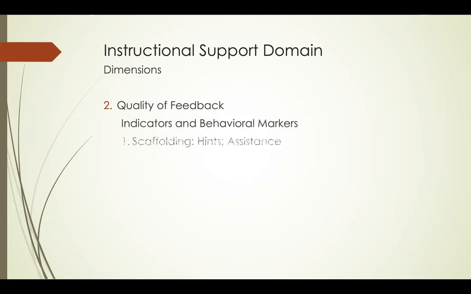So quality of feedback, the first part, is really how the teacher is responding to the child's learning. Previously we talked about the child's thinking and helping them think on a deeper level. Now we're looking at how you are responding to those thoughts and those concept understandings.